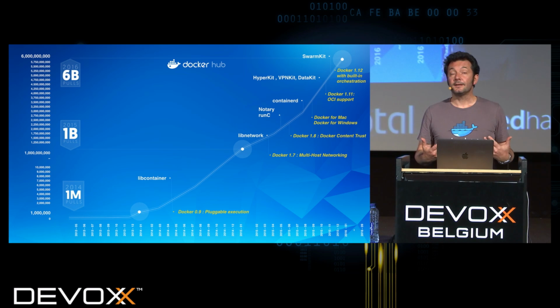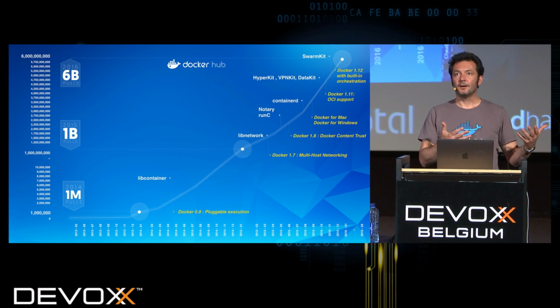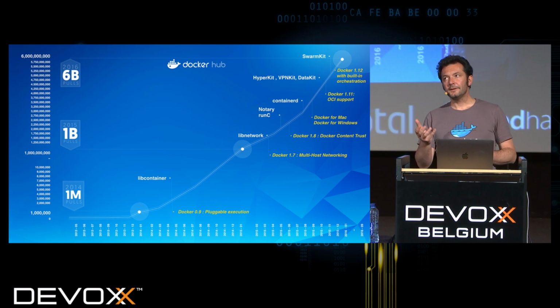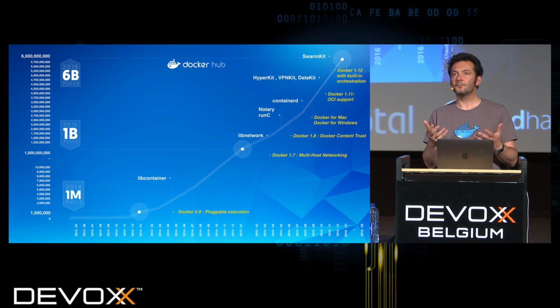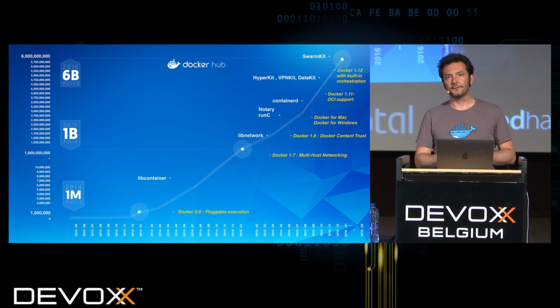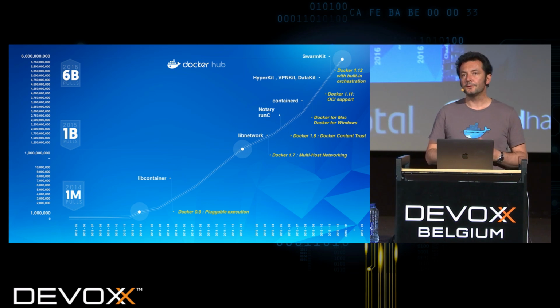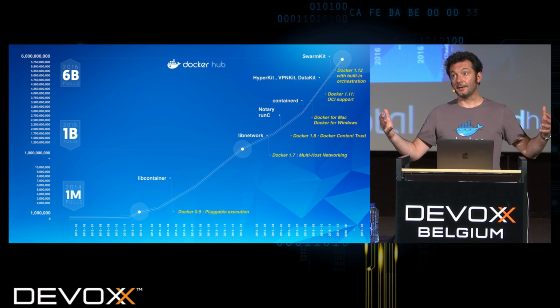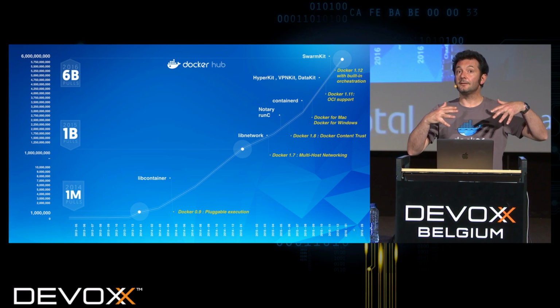What he explained is that Docker learned a lot from Linux, and it adopted the same model but with a twist. The twist is that at Docker we are more like Apple or Facebook. We start with a finished product and then we open source different components, or we extract different components that people can use independently. So when Docker started, it was like a monolithic daemon with everything in it.